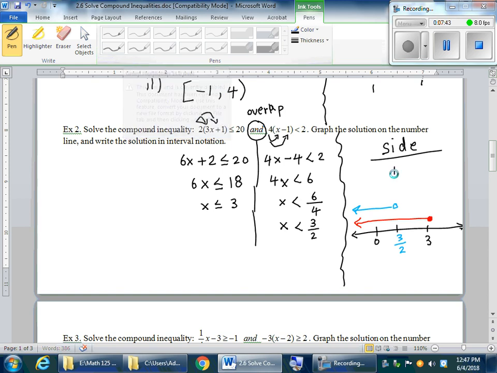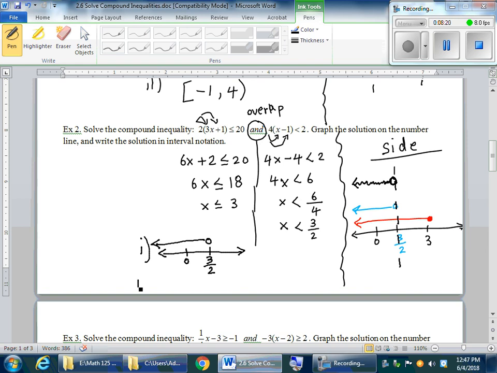So the overlapping part is only from negative infinity up to 3 over 2, and 3 over 2 is not inclusive, so an open circle. My answer for the graph will be: here is the real number line, here's 0, here's 3 over 2, an open circle, and then go to the left.